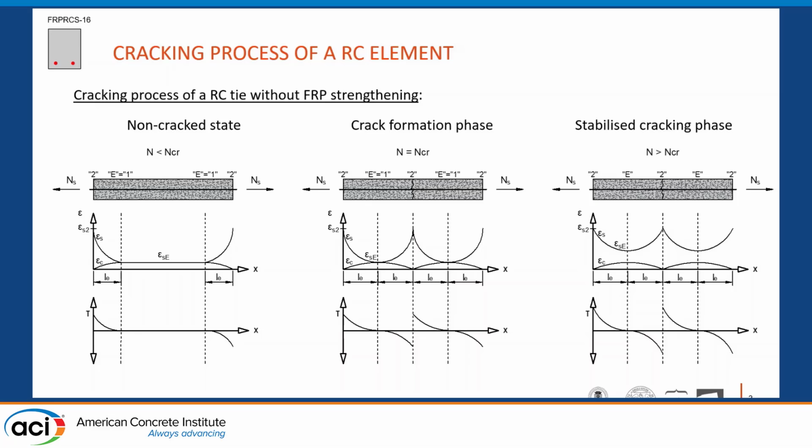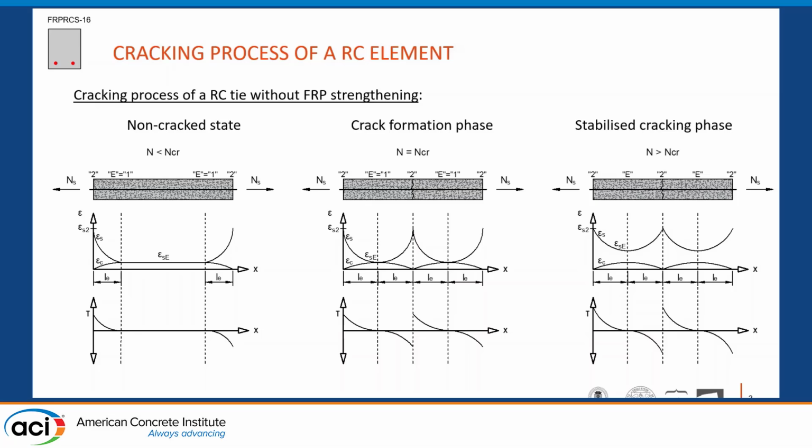Then if we continue increasing the load, eventually the strain in the concrete reaches its maximum value, so there is a crack. At that point, there is a redistribution of shear stresses, and this is the crack formation phase. This continues until we cannot develop more cracks. This is called the stabilized cracking phase.